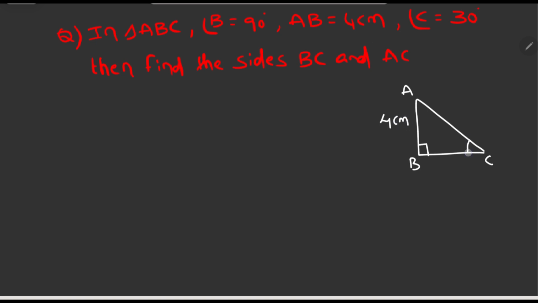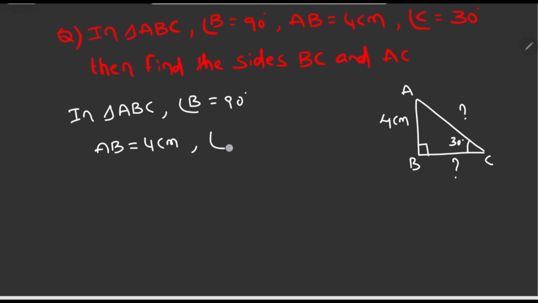What is the angle C there? It is 30. Now we have to find BC and also AC. Now in triangle ABC, B is 90, and what is given there? AB value, that is 4 centimeter.